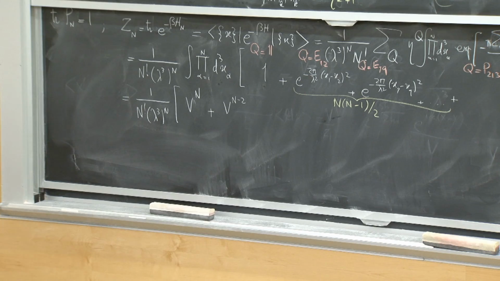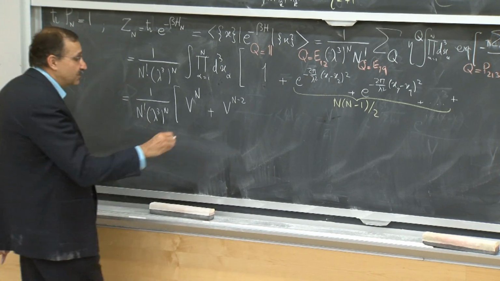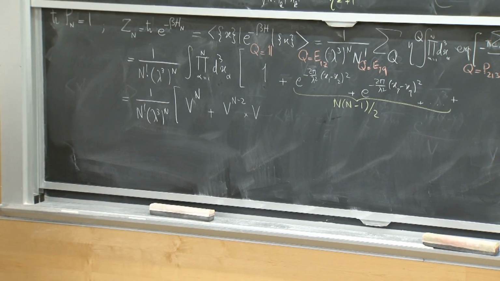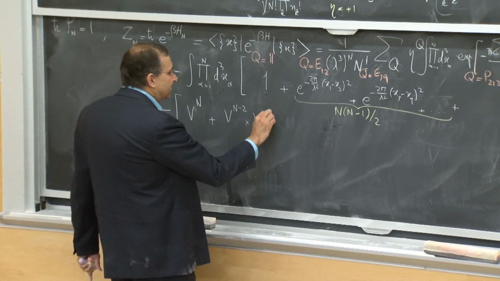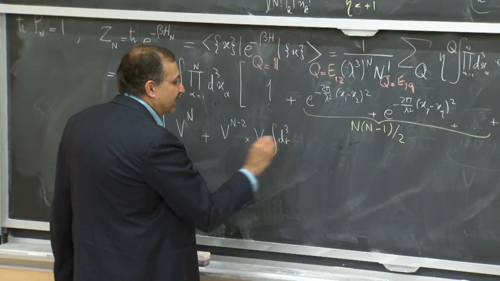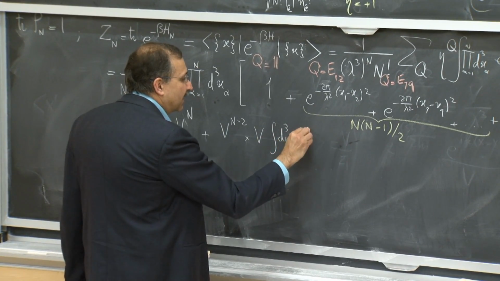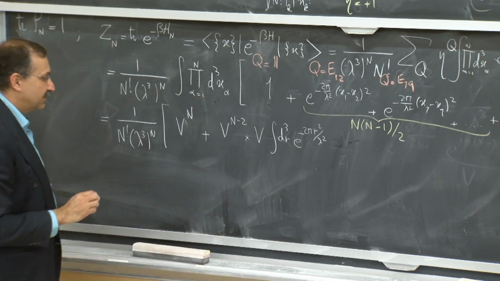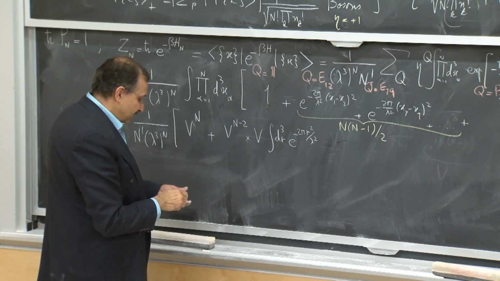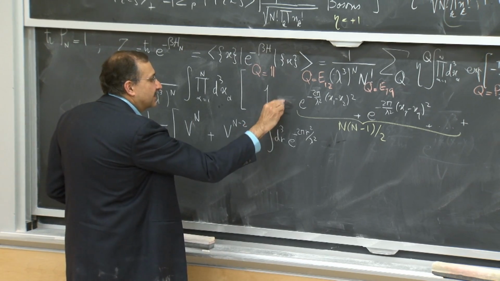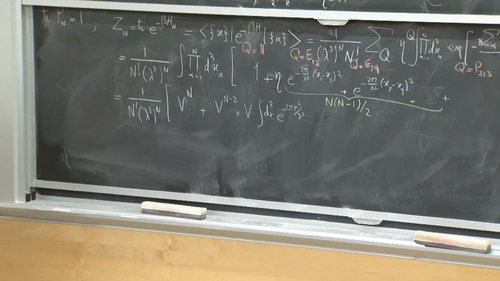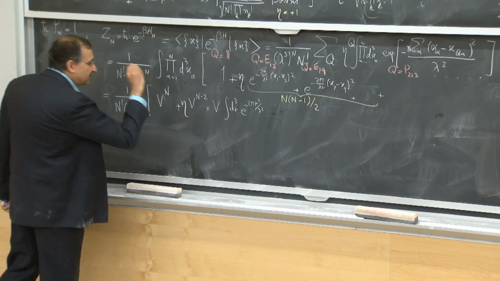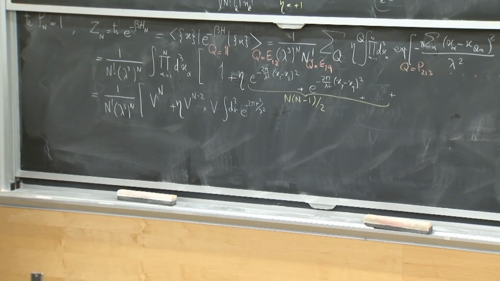So there is one other integration that I can trivially do, which is the center of mass, gives me a factor of V. And then I'm left with the integral over the relative coordinate of e to the minus 2 pi r squared over lambda squared. And I forgot, it's very important, this will carry a factor of eta, because any exchange is odd. And so there will be a factor of eta here.